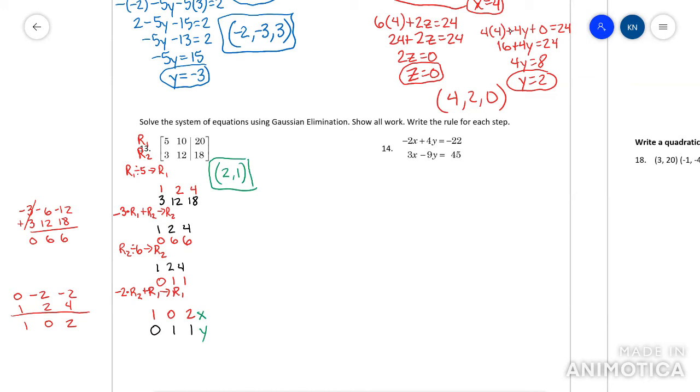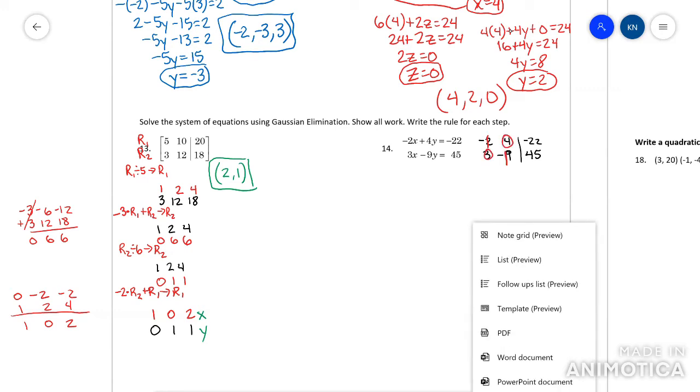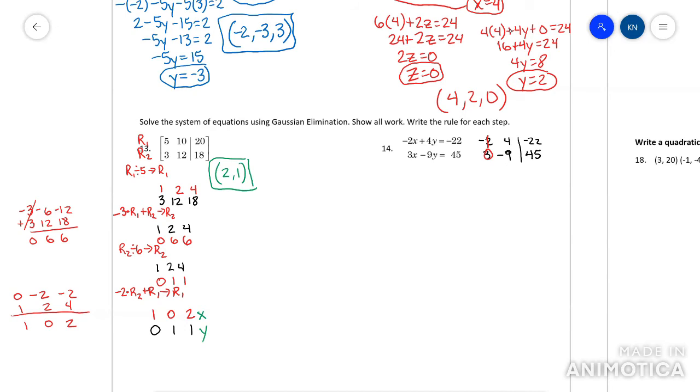This time, they did not give you a matrix, so make your own: -2, 4, -22, 3, -9, 45. Just like that. All right, so make this say 1, 0, 0, 1, just like last time. To do this, I'm going to start with this guy right here, and I'm going to make him say 1.